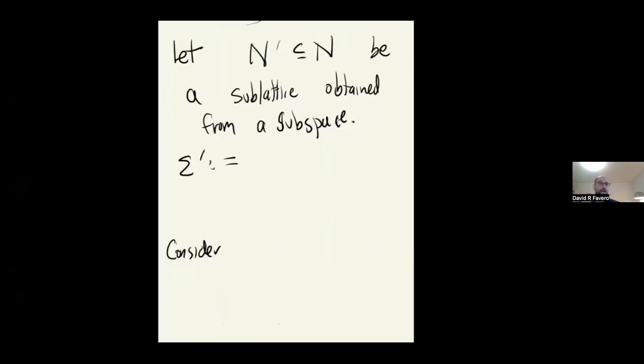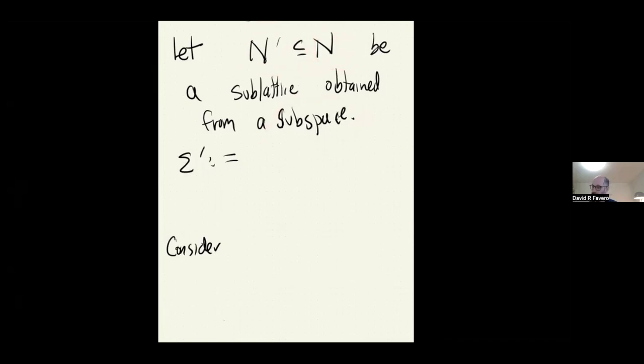So I want to get more specific about what you can do to resolve specific coherent sheaves. So my setup is going to be the following. I'm going to take a sublattice N' in N, obtained from some subspace. So if I look at N' tensor R, I'm going to take all the lattice points in some subspace. Why do I do that?